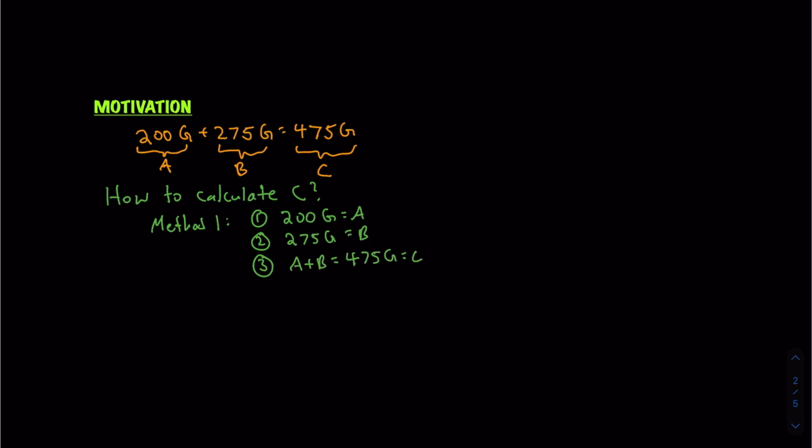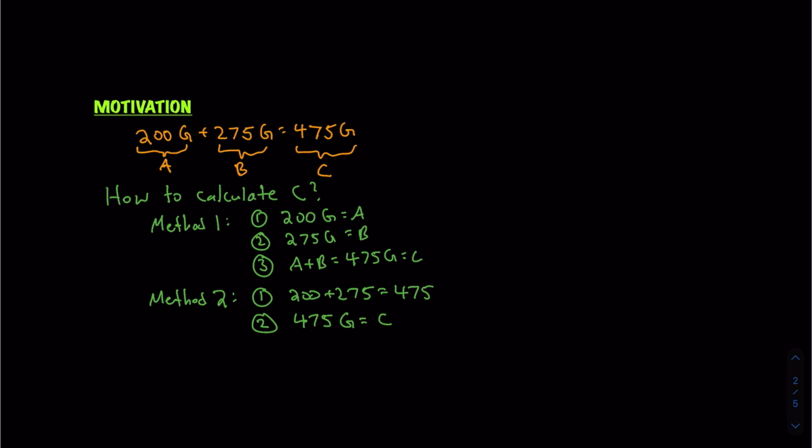Or I can first do 200 plus 275 equals 475, and then just do 475 times G equals C. You get the same result if you first do the scalar multiplication, then do the addition, or if you first do the addition, then do the scalar multiplication. Either order works.